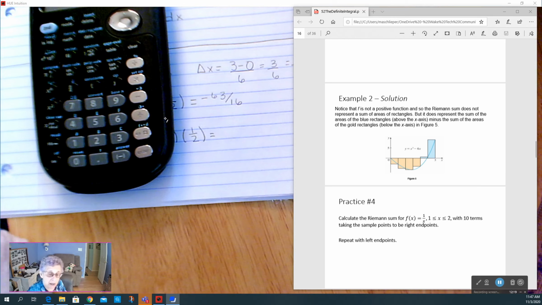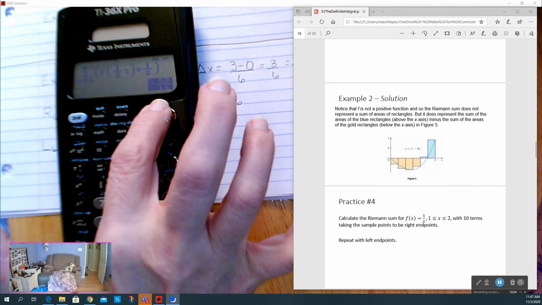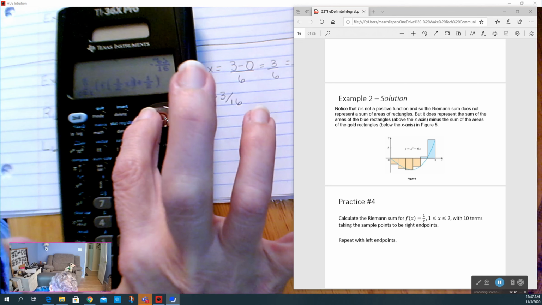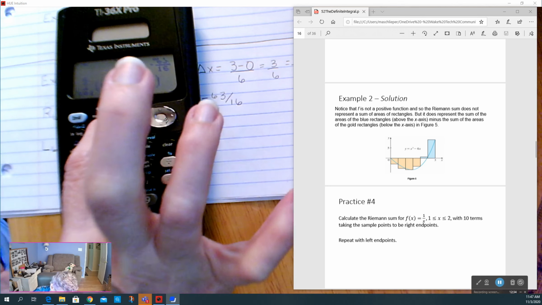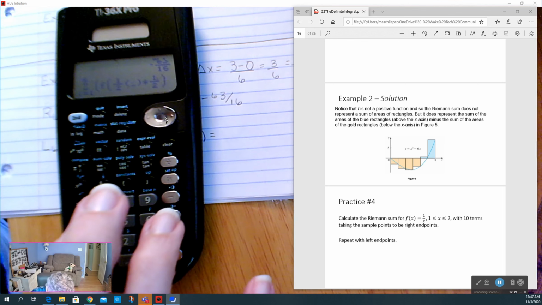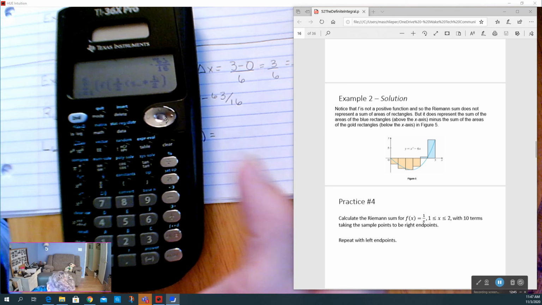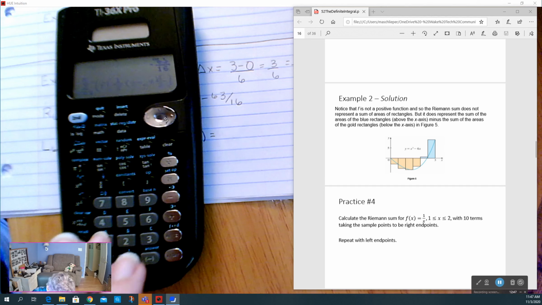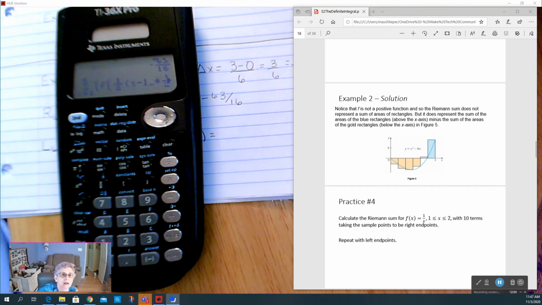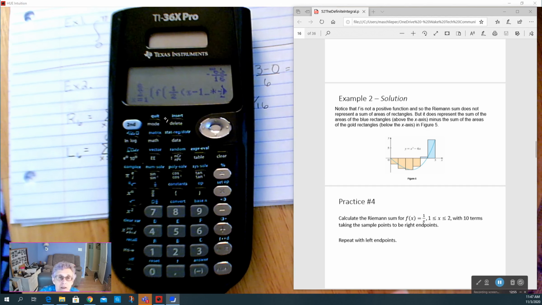Now, one nice thing about using my calculator, I can arrow up, hit enter. I hit second insert, and I'm going to insert a parenthesis, arrow over, I have to press second insert again, minus 1. Now I have f of 1/2 times x minus 1.